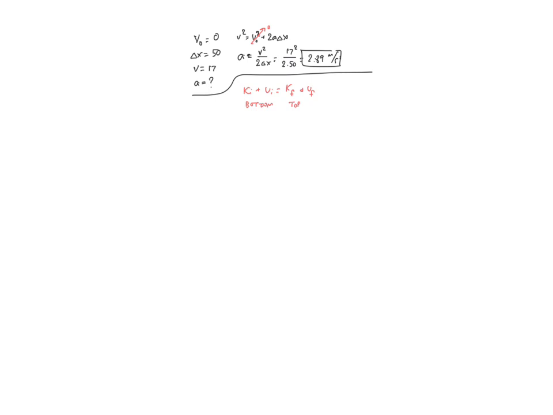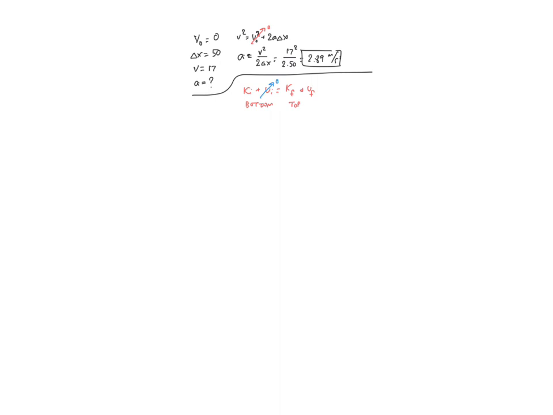And at the bottom of the hill, because it has no height, we can say the initial potential energy is 0. But it is moving at the bottom of the hill, it's moving at the top of the hill, and it has gravitational potential energy at the top of the hill, so nothing else goes to 0.